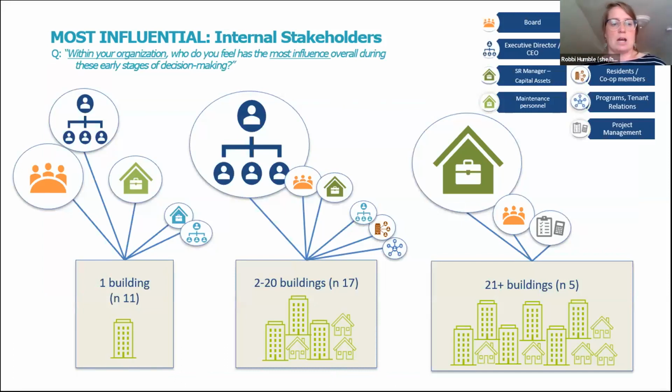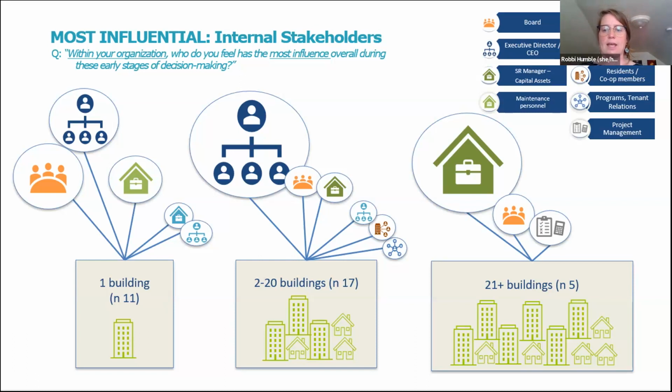But when I dig down a little deeper, there are some differences observed that might align with the size of the building portfolio, and also with the areas of responsibility between smaller and larger organizations, right? Organizations that operated one building had the widest distribution among who was being identified as the most influential in that process.